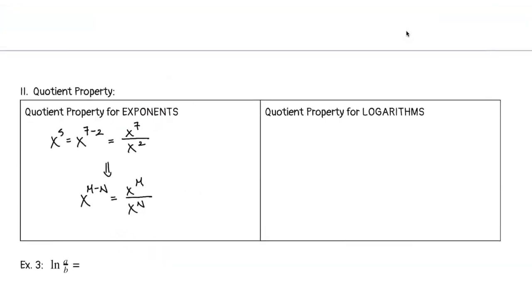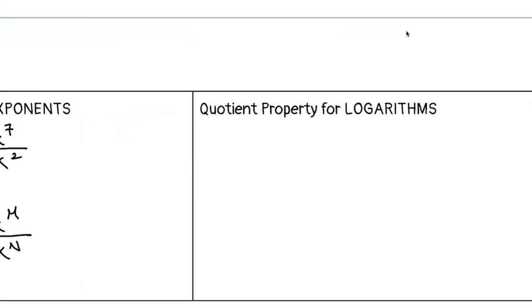All right, so what is the corresponding property for logarithms? Well, it turns out that we could have something like this. Natural log of 20 divided by 3. What are our guesses? How could I write the natural log of 20 divided by 3? Nice, nice, nice.